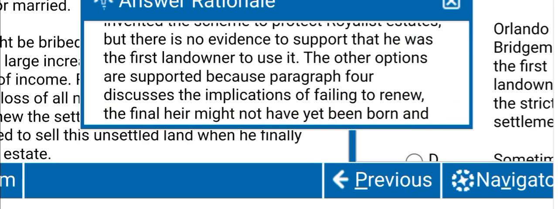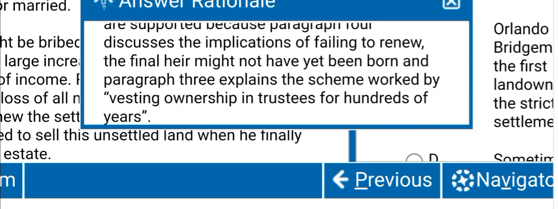The other options are supported because paragraph 4 discusses the implications of failing to renew, and the final heir might not have yet been born.